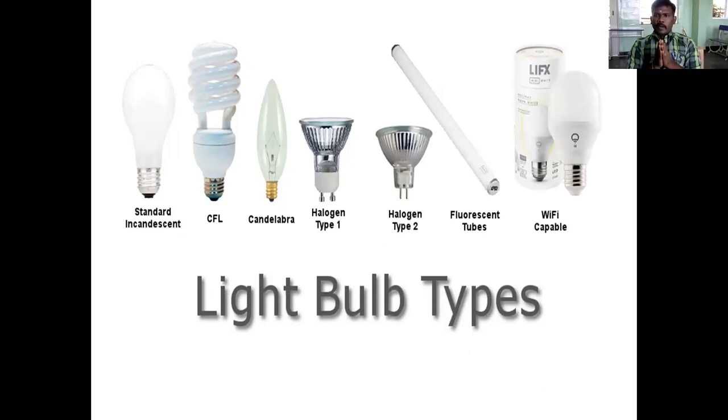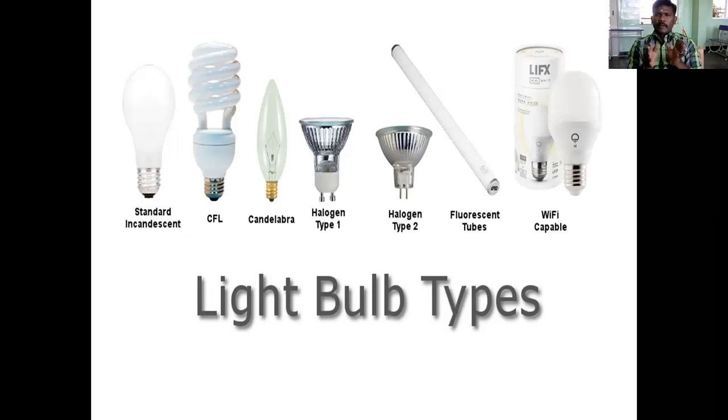It depends upon the gases filled inside the bulb. Mostly in our houses, we are not using any colored tube light. Mostly we are using white light. White light is produced from the tube light.